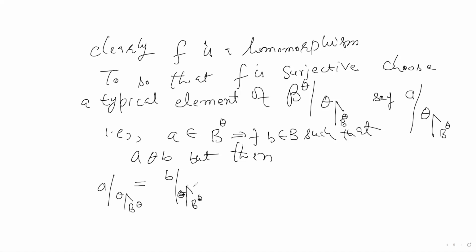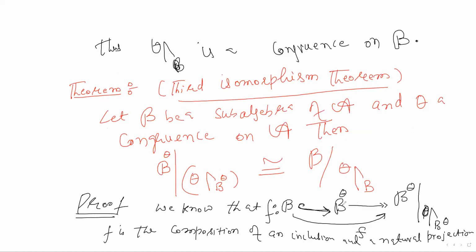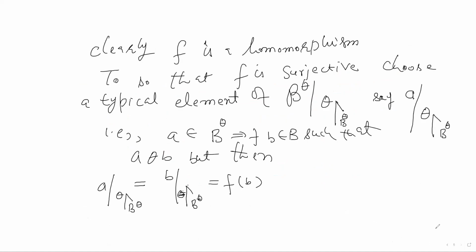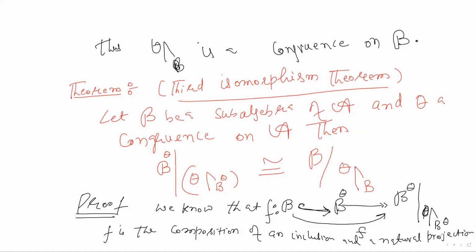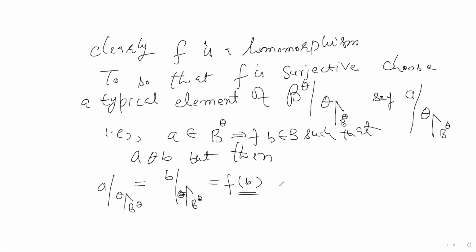And this is nothing but F of b, because I have this natural projection from B theta to the quotient algebra B theta over theta restricted on B theta. So for any class here, I can find some b in B such that this class is equal to F of b. So this shows that F is surjective.